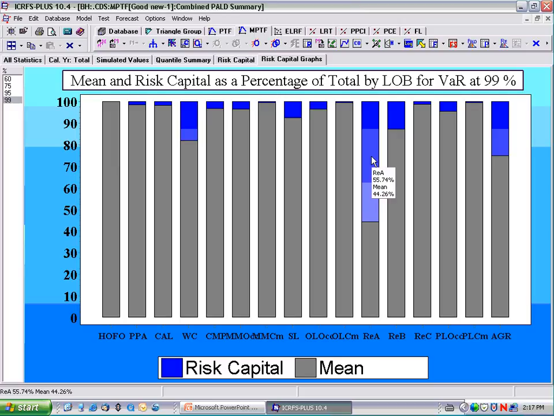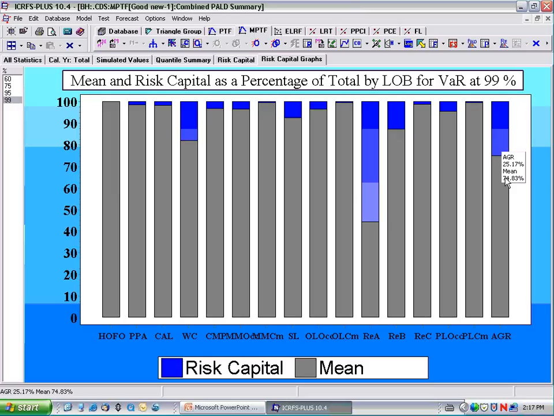For REA, you can see it's 55.74%, and the mean is 44.26% of the aggregate of those two, the risk capital and the mean. And this is what it is for the aggregate. So for the aggregate, it's 25% versus 74.83%. We're going to study more of this in the next video, what kind of diversification you get. So for instance, if you only wrote REA, and what if you wrote REA and these other lines of business?